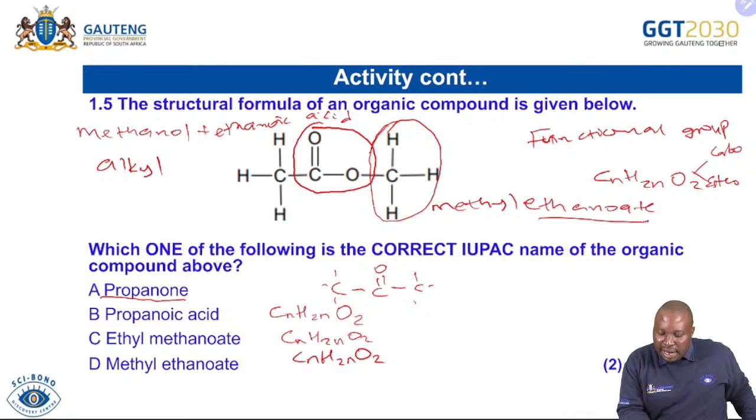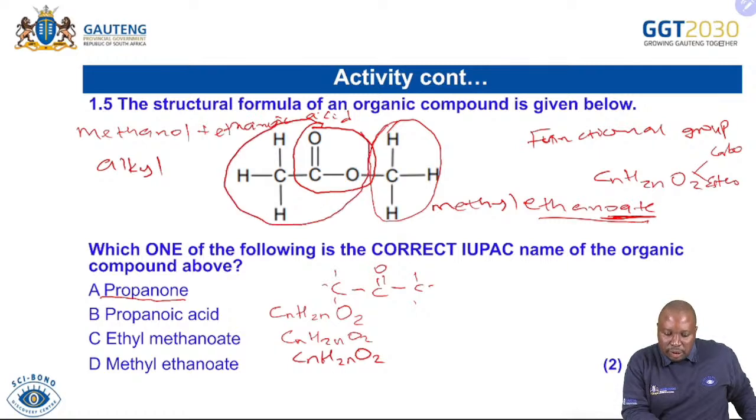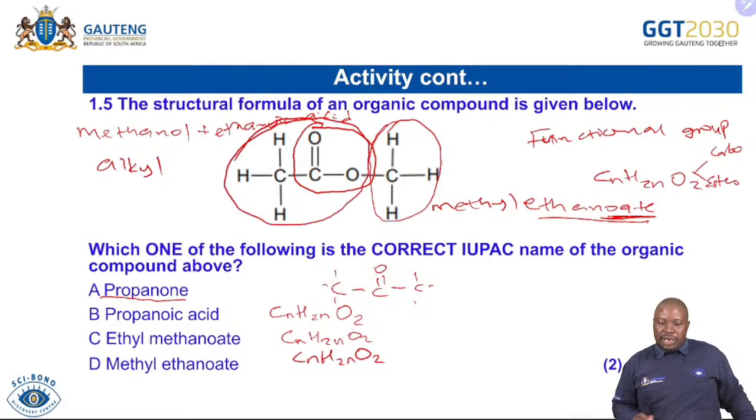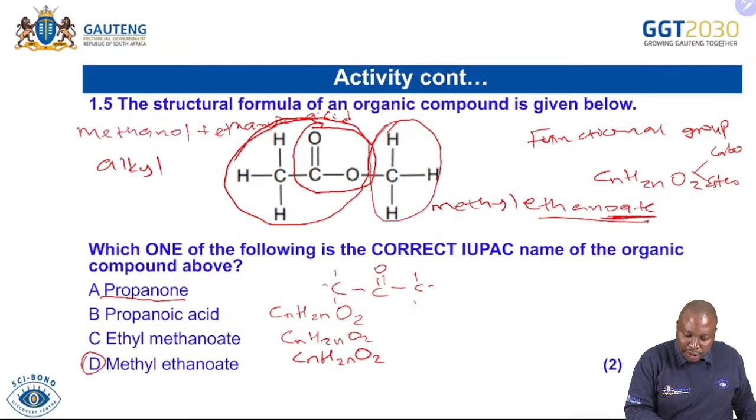Remember, the OH one is the one that has a C double bond and the oxygen, so you have to be careful of that. The structure going with this is our ethanoate, which is 2 carbons, but our alkyl group becomes methyl, giving methyl ethanoate. Then you are able to say, oh, I'm taking option D.